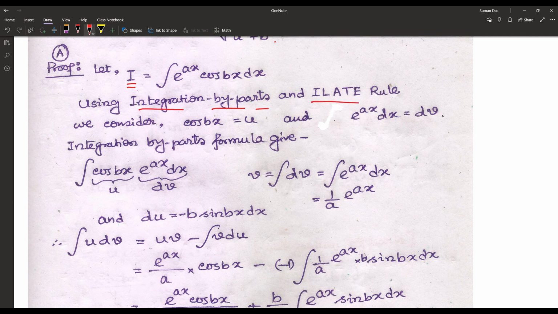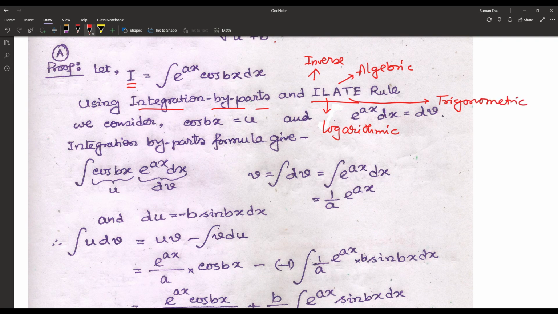Euler rule means I for the inverse function, L for the logarithmic function, A for any algebraic function, T for the trigonometric, and E for the exponential. In that order we may choose the u and v for the by parts.